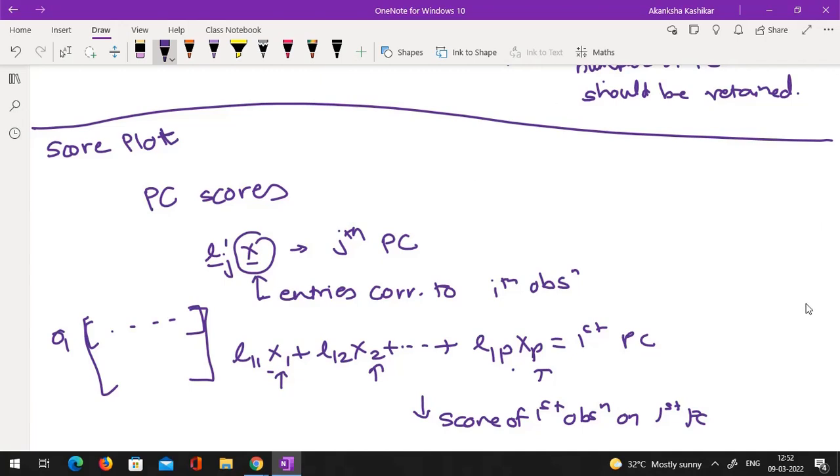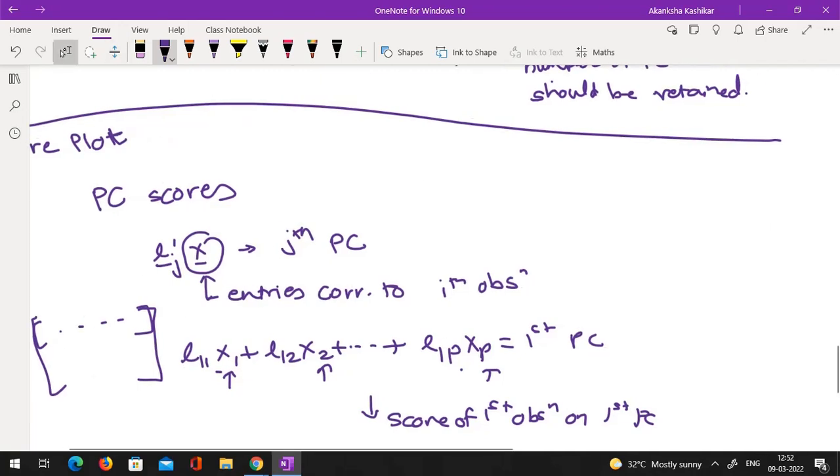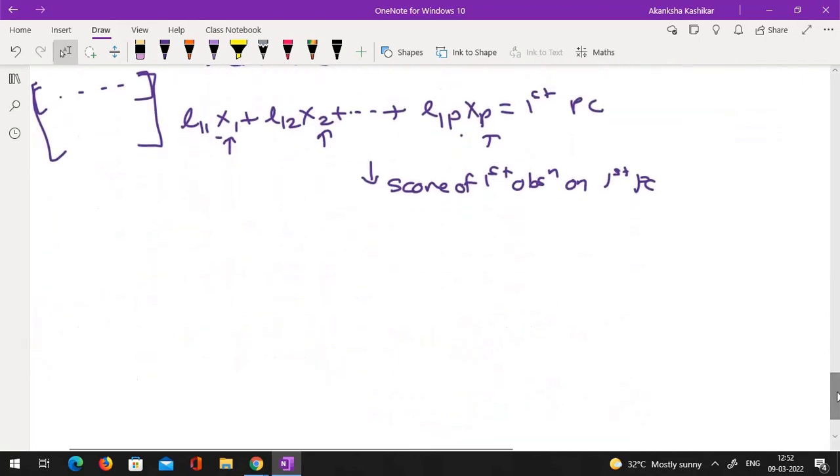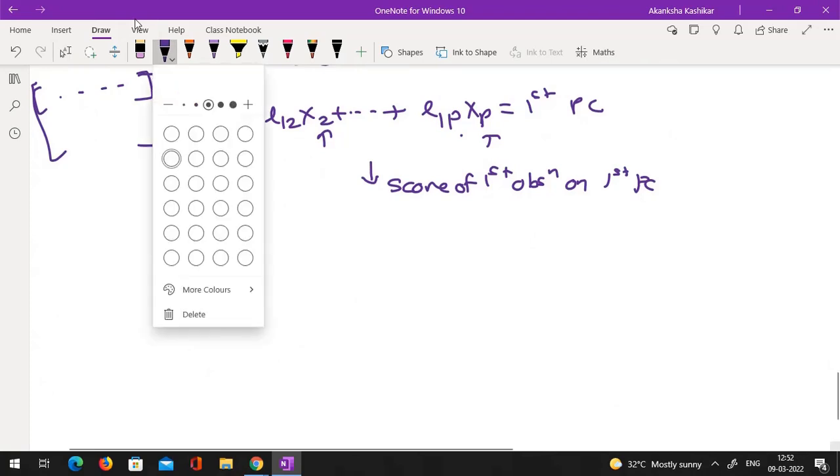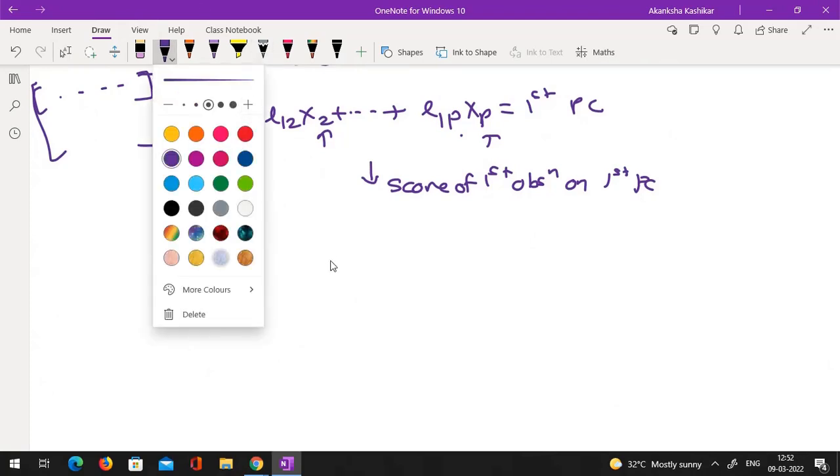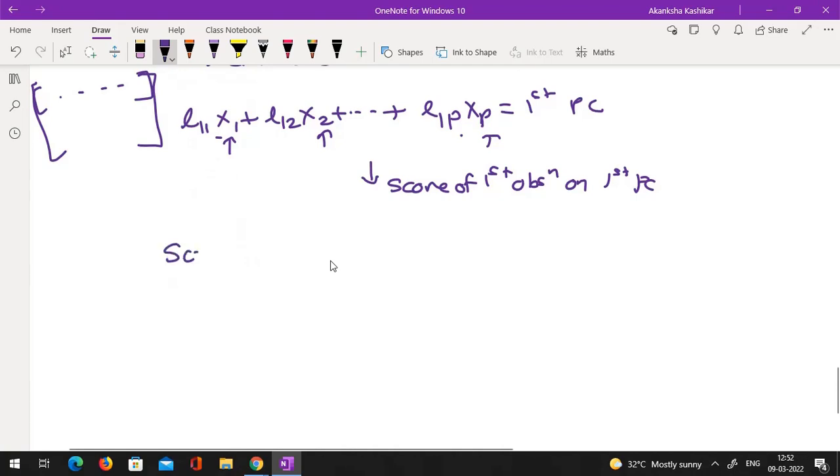In general, for every PC and for every observation, we can compute this. So for every observation-PC combination, we have what is known as a score matrix. What is the order of the score matrix?